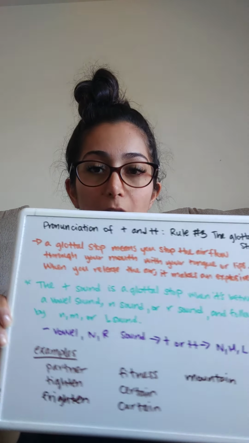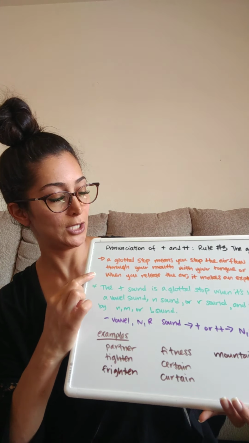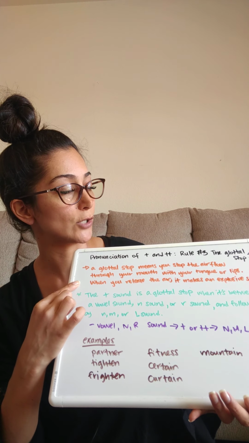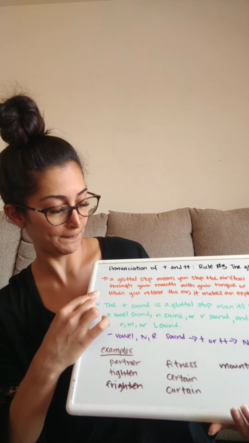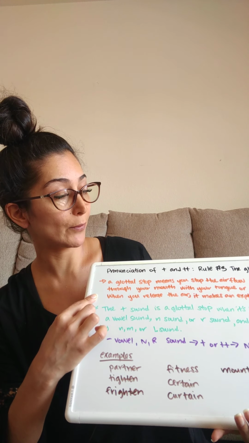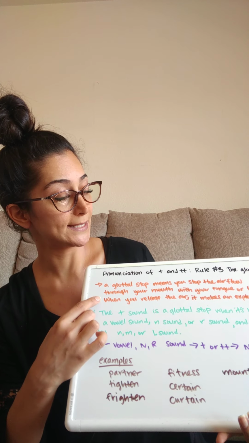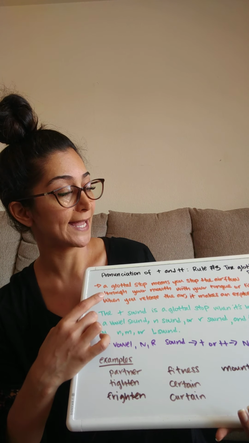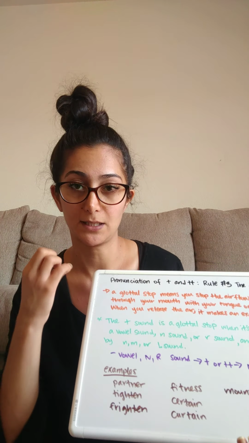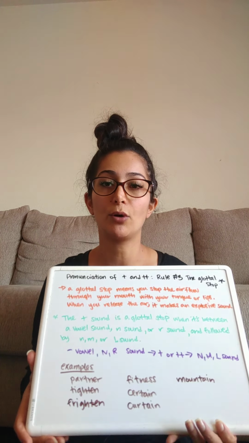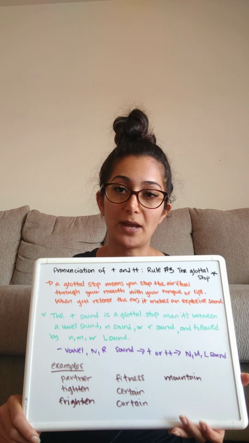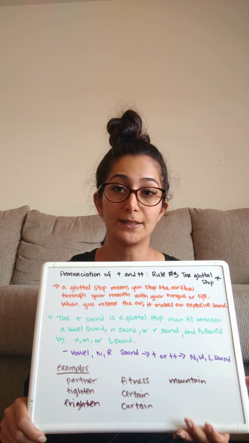So let's talk about what a glottal stop is first, okay? So a glottal stop means you stop the airflow through your mouth with your tongue or your lips. So when you release the air, it makes an explosive sound, like a small explosive sound. So in American English, we have several stop consonants.